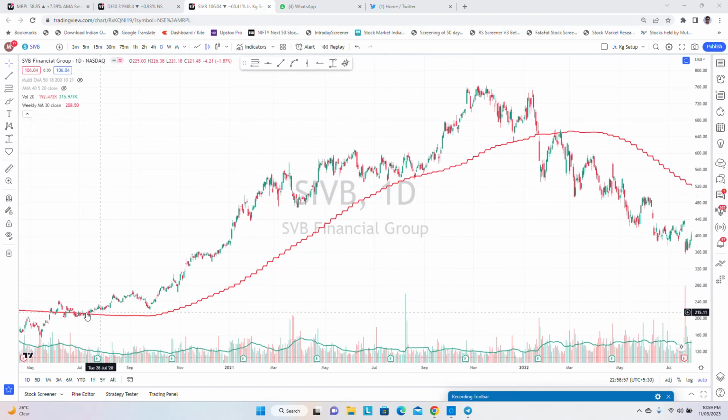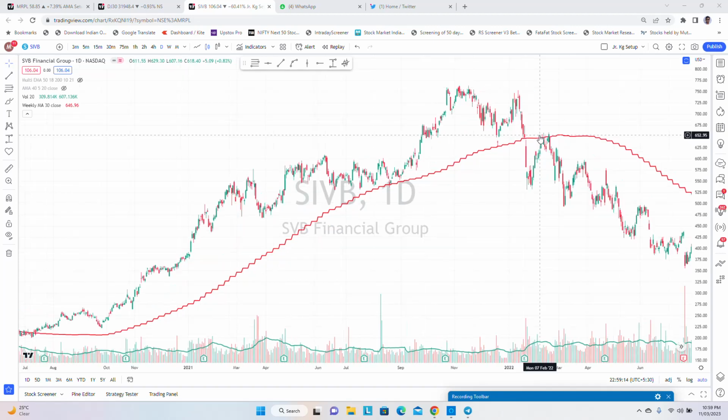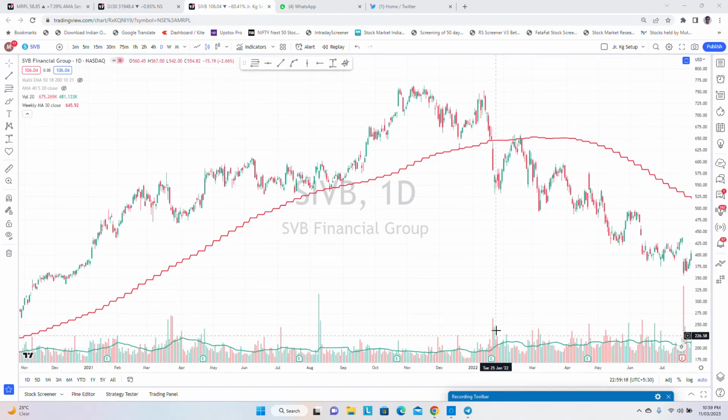So after this, from say 15th July 2020, the first time it closed below the 30 moving average is Jan 2022, which is almost like July 2021. So almost like 1.5 years. Yeah, it closed below with a huge strong volume.